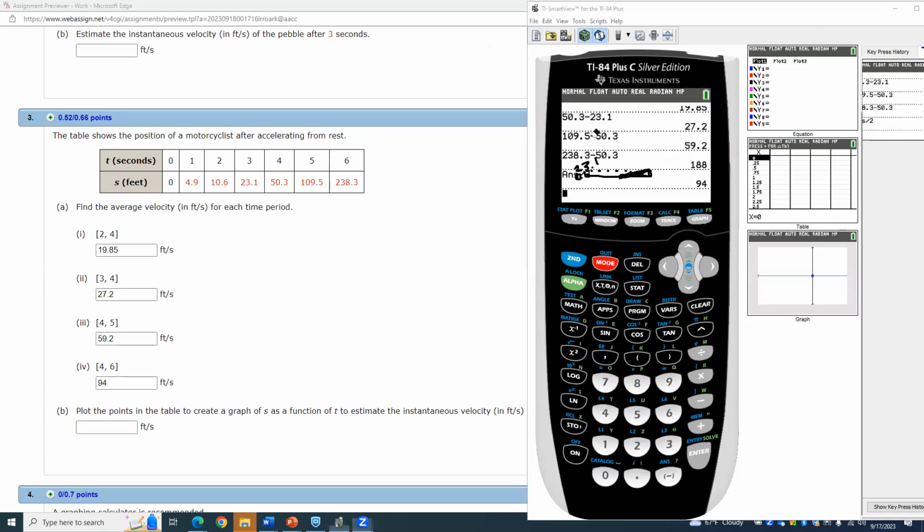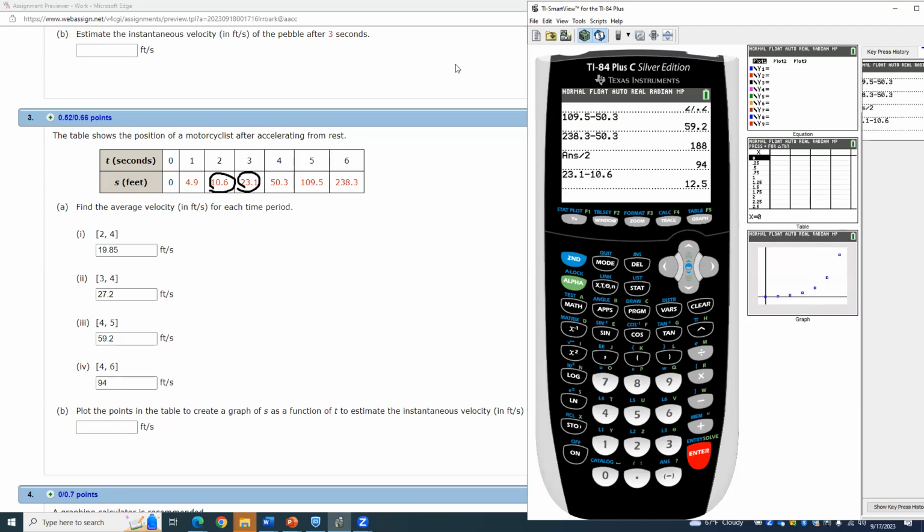I'm just roughly guessing that if I connected these points together, it would be 23.1 minus 10.6, but a little steeper than that. So 23.1 minus 10.6 is like 12.5.